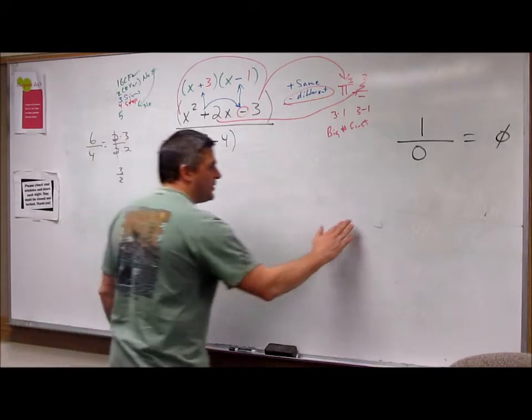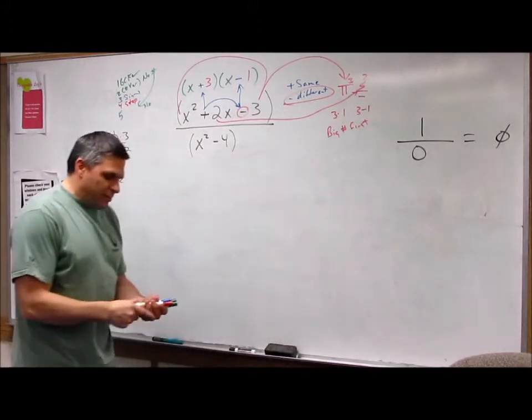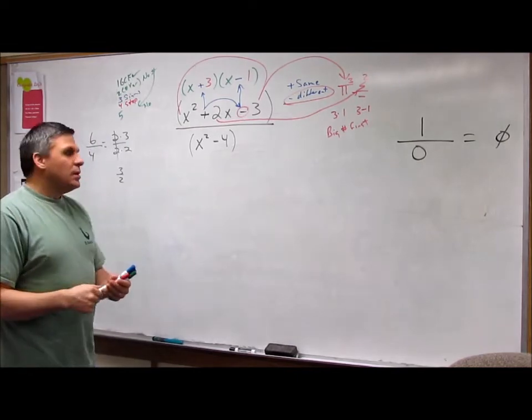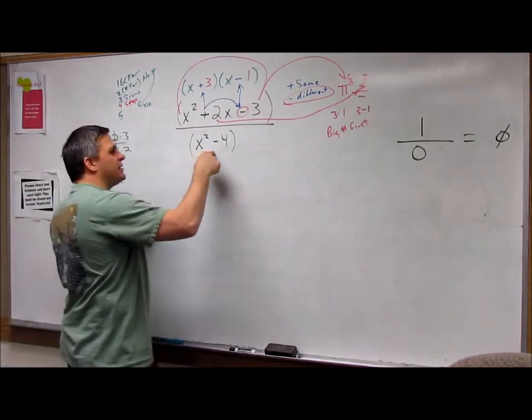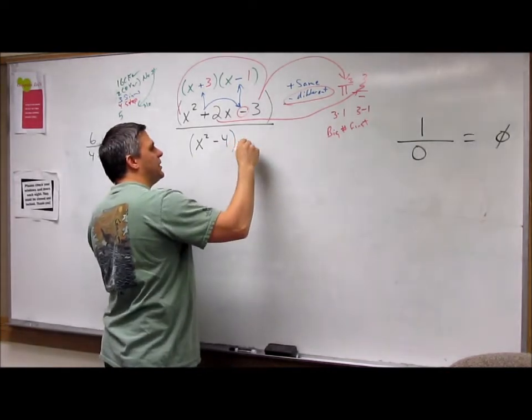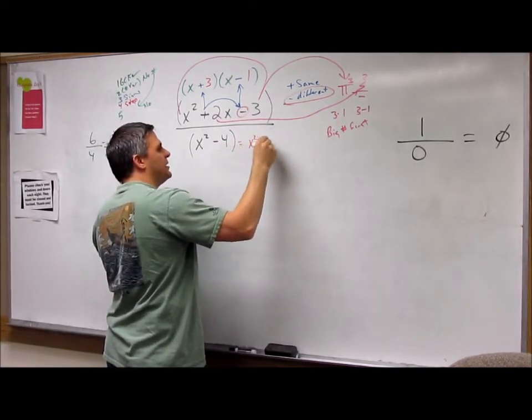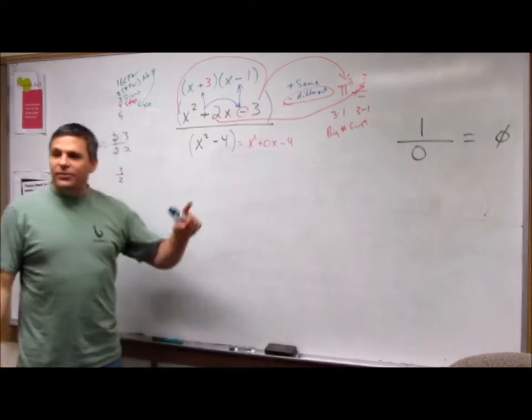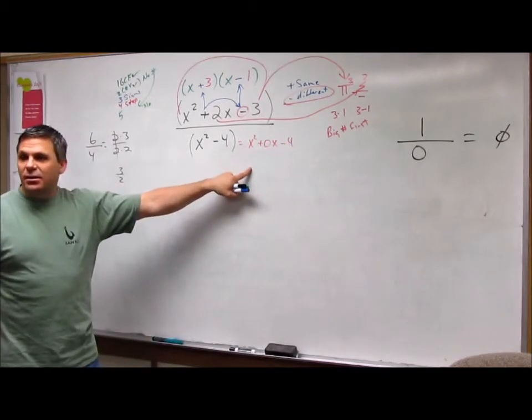Now it's time to figure out the bottom side. And remember, you can do this 2 ways. You can always make this equal to x squared plus 0x minus 4, and then do the 5-step method on it.